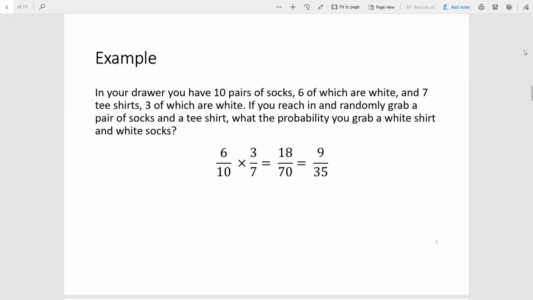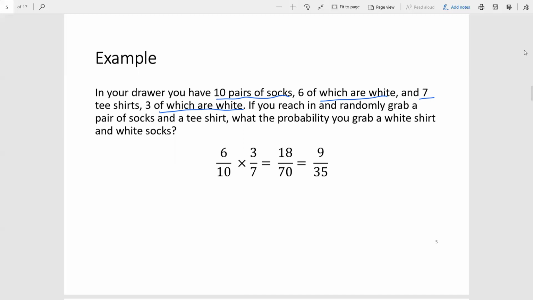Let's do another example. Suppose you have a drawer that has 10 pairs of socks, 6 of which are white, and 7 t-shirts, 3 of which are white. You reach in and randomly grab a pair of socks and a t-shirt. What's the probability you grab a white shirt and a white sock?